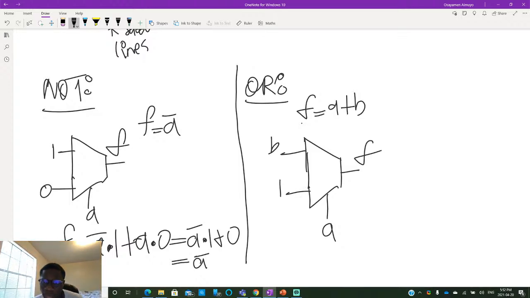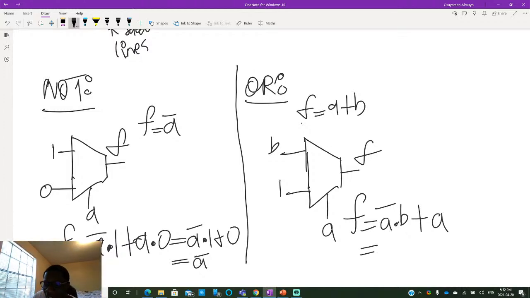So F equals A bar and B, or A. But that's not A or B, right?